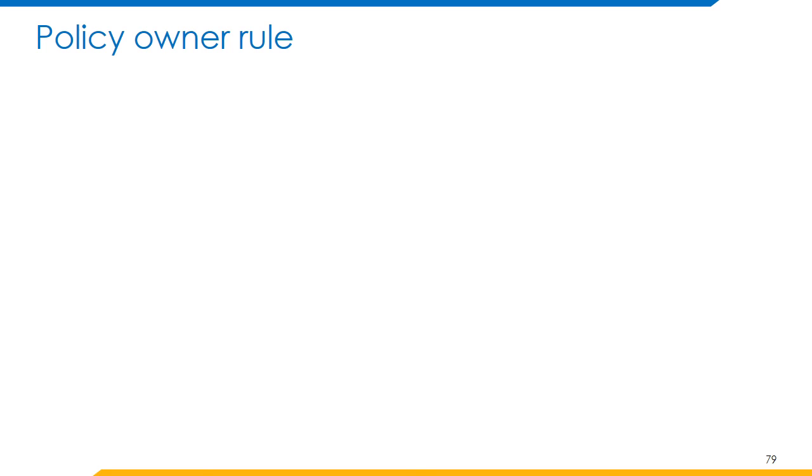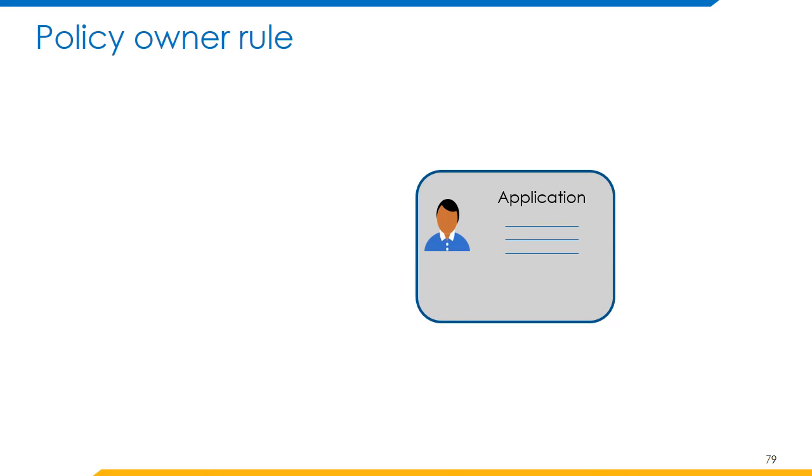Policy owner rule. Policy owner is the owner of the policy. A policy might contain multiple rules. For each and every rule, there can be an owner. But the current rule speaks about the policy in its entirety.